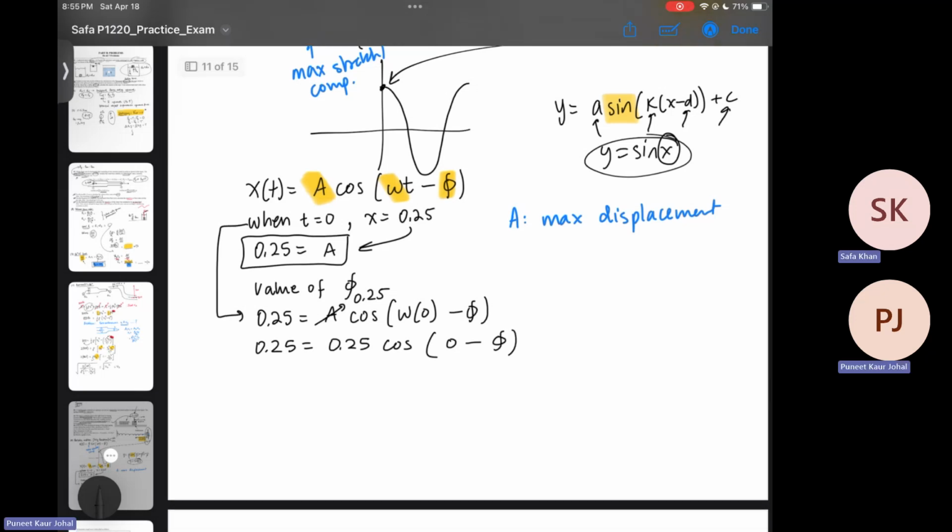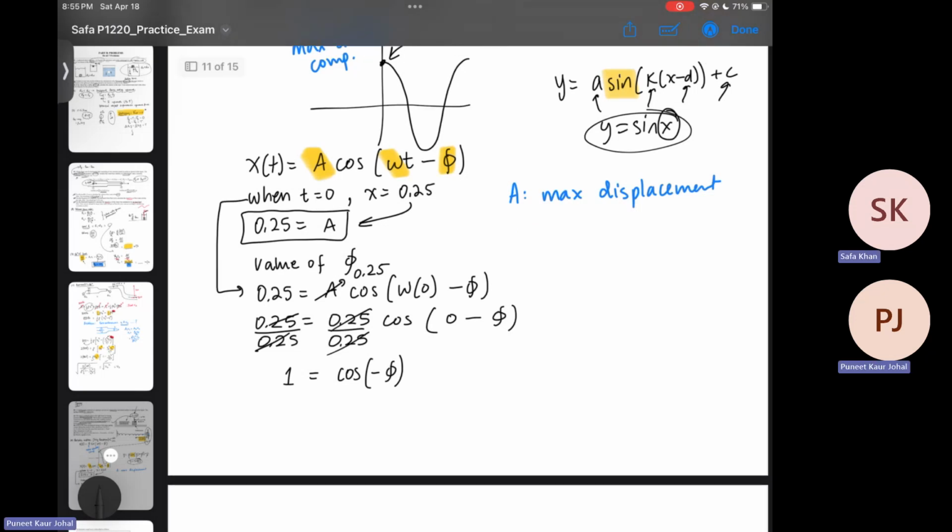Because I'm finding phi, the first thing I'm going to do is divide by 0.25 on both sides. Those cancel, so you have 1 equals cos of negative phi.